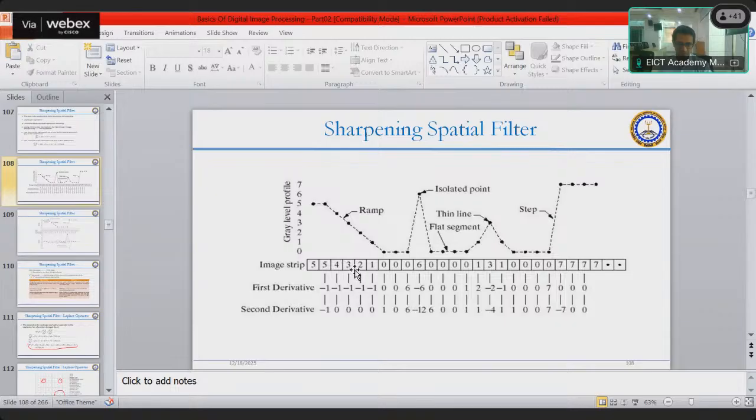3 minus 2, it is minus 1. 2, 1 minus 2, it is minus 1. 0 minus 1 equal to minus 1. 6 minus 0 equal to 6. 0 minus 6 equal to minus 6. So that's how we are continuing.